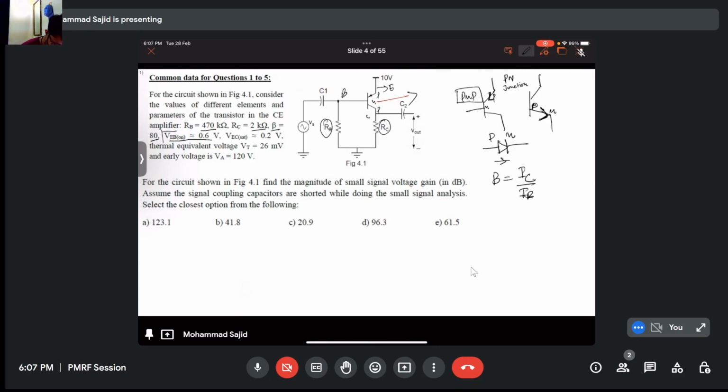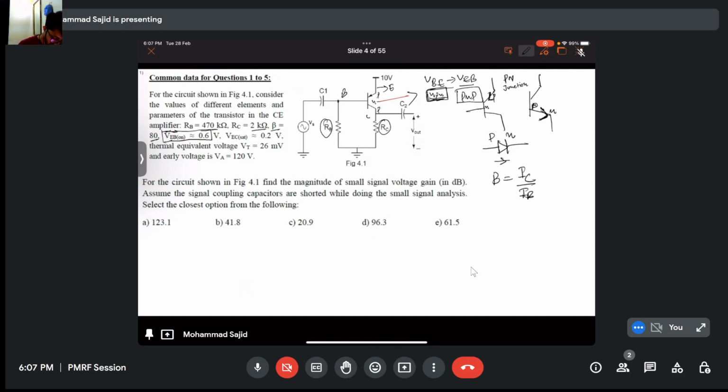VEB on. Why not VBE? Because this is a PNP transistor, so you have to change from VBE to VEB. Here VEB will be positive, and in an NPN transistor VEB will be negative, right? So just to check, you put correct values. You have to be careful about the sign of the values.